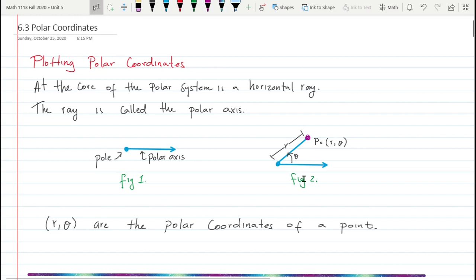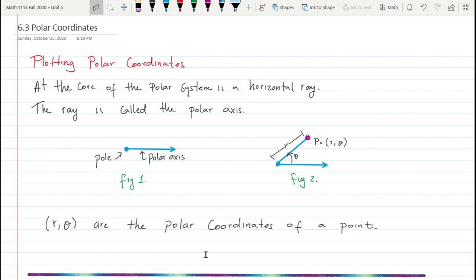How far it is from the polar axis to that new ray is the angle theta. There's a new point right here, and that point is defined in terms of the radius and the angle theta. So r comma theta is what we will know as the polar coordinates for a point.